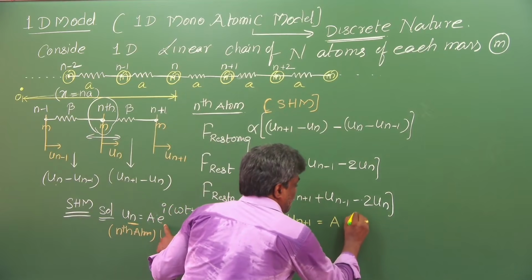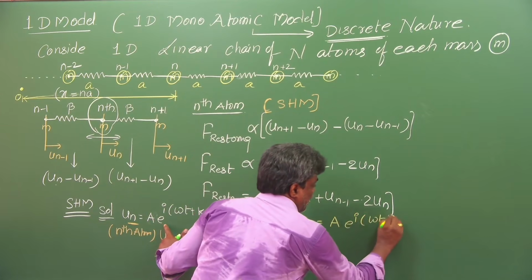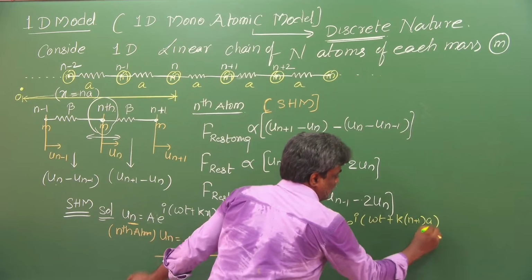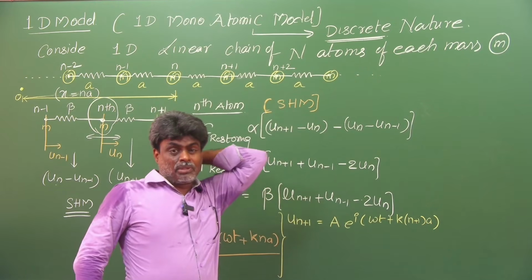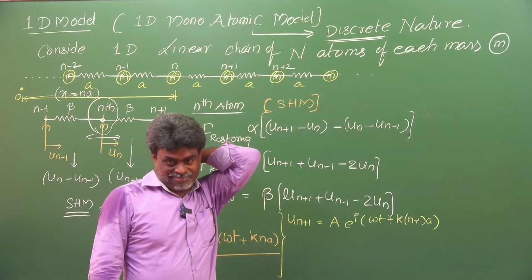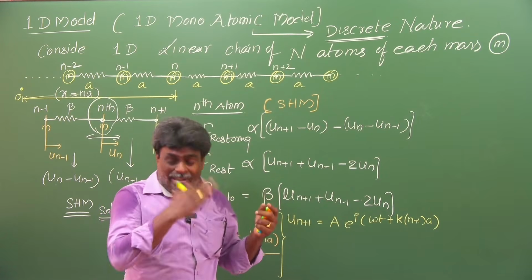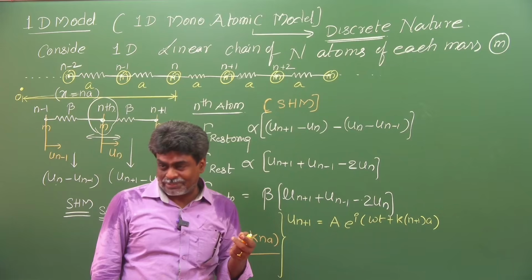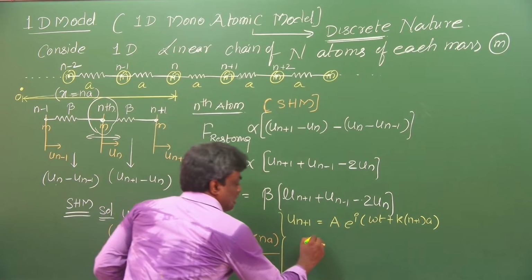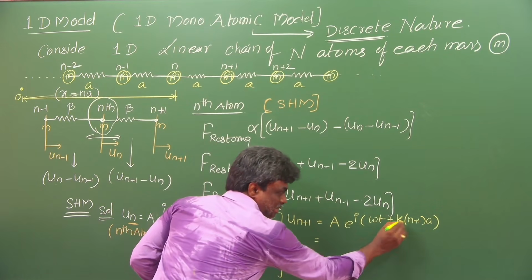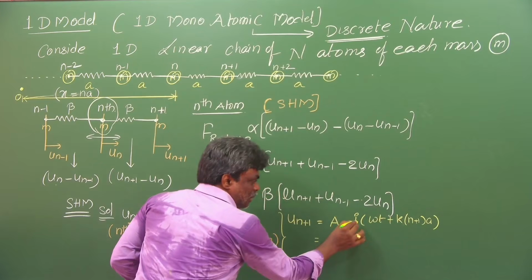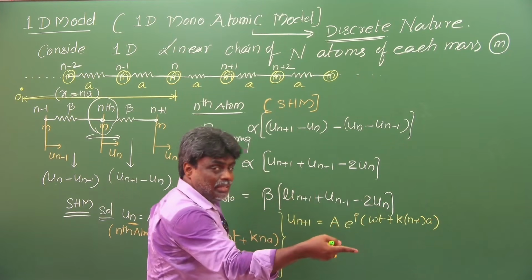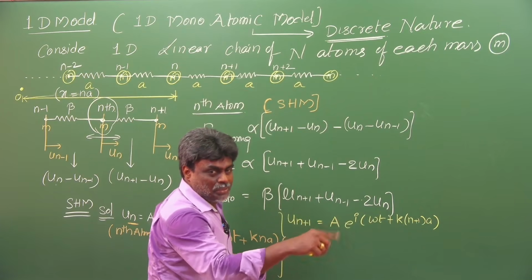E raised to i(omega t plus k(n plus 1)a). Sir, why have you taken the same amplitude? Same atom. If I had two atoms, I could not take the same amplitude. Understand? So simply this can be written as a e raised to i(omega t plus kna) into e raised to ika.